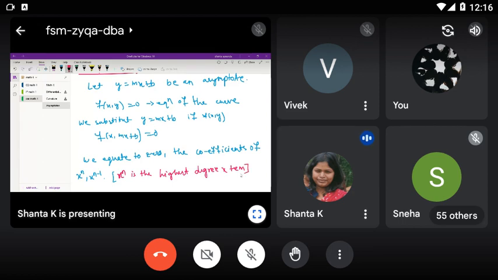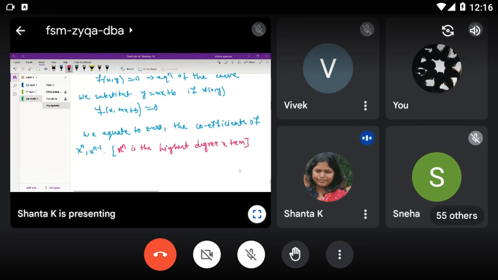We are equating both of these coefficients to 0, so we will be getting two equations and two unknowns, that is m and b.